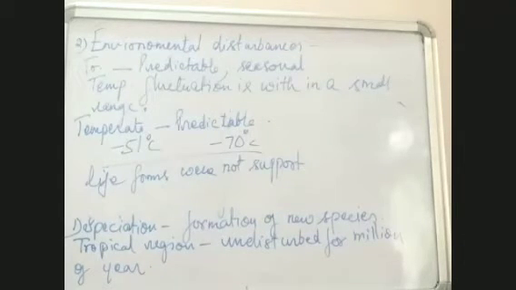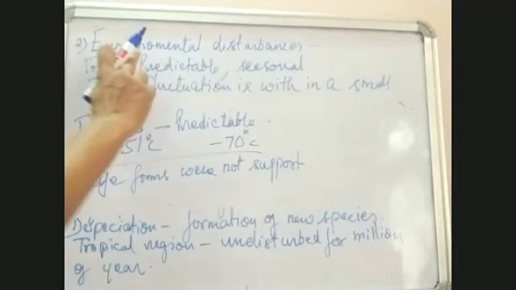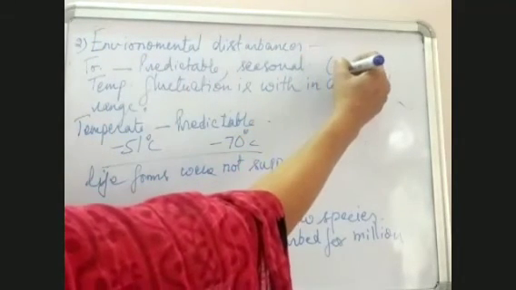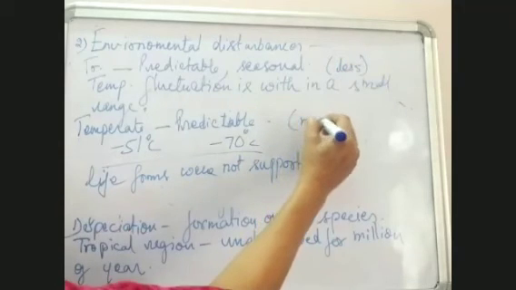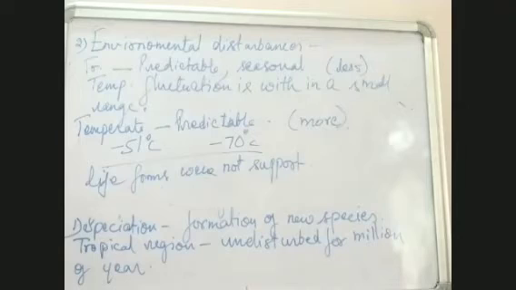They were less in tropical region, but more in temperate region. As a result, excessive environmental disturbances in temperate region did not support life forms, and species richness is not seen there. Whereas in the tropical region the climatic conditions were predictable, there were seasonal changes, and the temperature fluctuation was within a very small range. So this supported the life forms, and we see species richness in the tropical region.